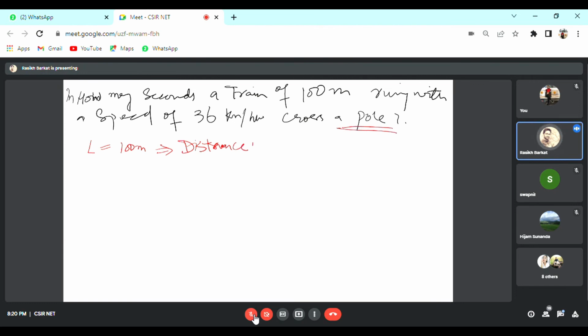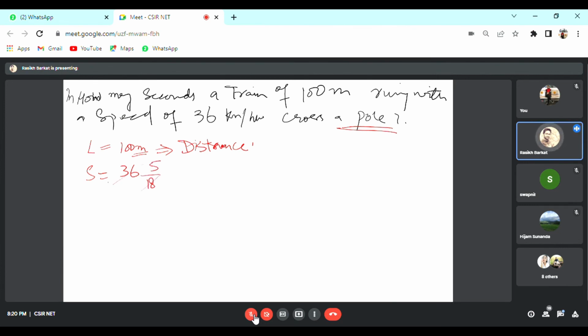So in order to cross a pole, this train has to travel 100 meters. Speed is given as 36, but in kilometer per hour, while distance is in meters. So this 36 we will convert into meter per second. We will multiply it by 5 by 18.